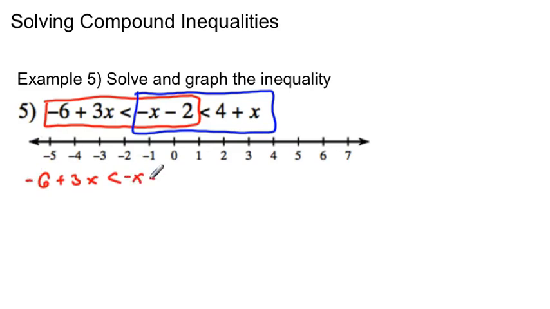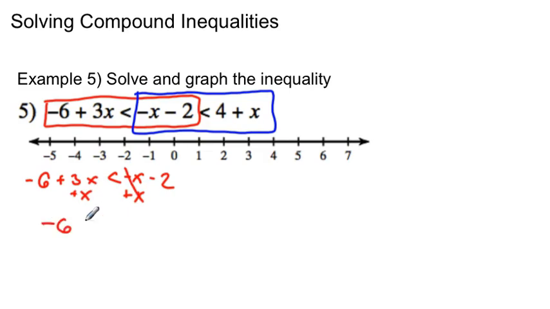I rewrite my first inequality. I check for any distributive property. There is none. I check for any combining like terms. I can't do that, but I do have variables on both sides, so I want to gather them to one side. So what I'll do is I'll get rid of the x over here by adding an x to both sides.